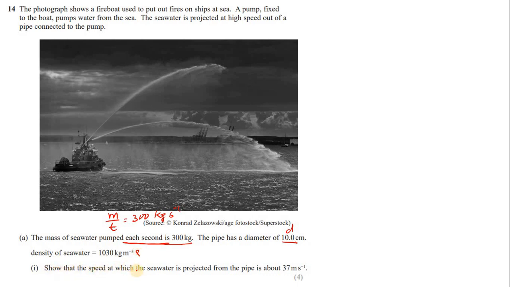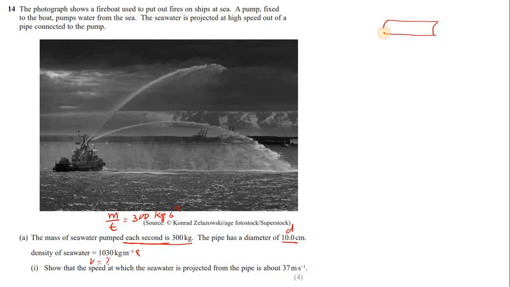Show that the speed at which the seawater is projected from the pipe is about 37. You need to find a speed V. Okay, now the idea, this is again a typical question. I have seen many such questions of this type. Now imagine you have a pipe in which water is flowing.